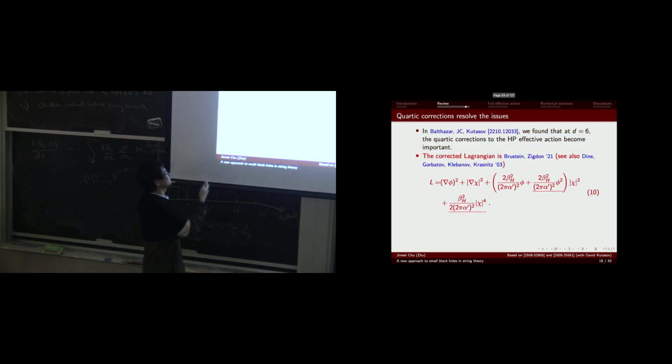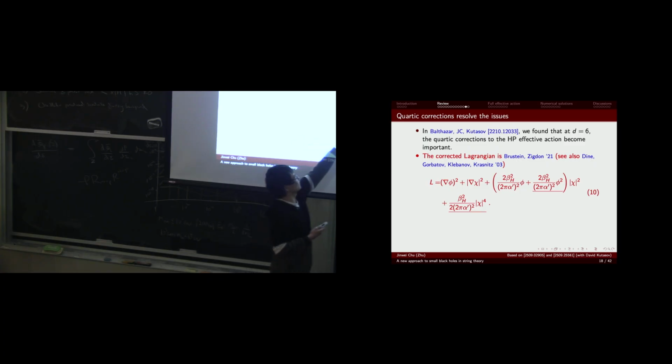First, let me show you explicitly what the quadratic terms look like. This was calculated by Bruce and Zygdom. And by the way, there's also some even older paper by Klebanov and his collaborators trying to calculate similar things. So from the calculation, there are two new terms.